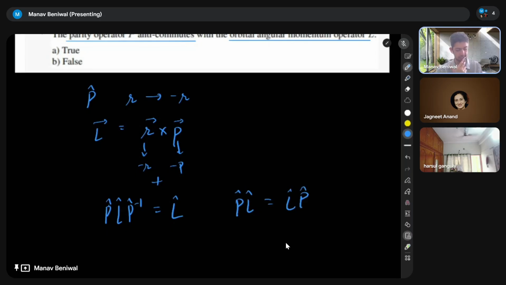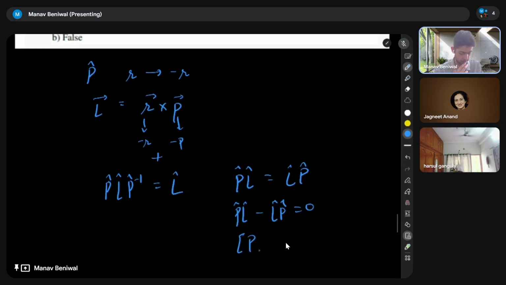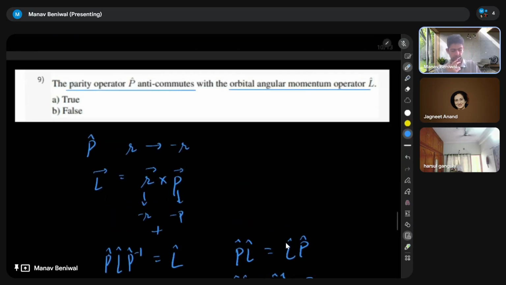We'll get this, and then we can rearrange. So we'll get PL minus LP is 0, or the commutator of P and L is 0. So they commute, and the question says that they anti-commute. So this statement will be false.